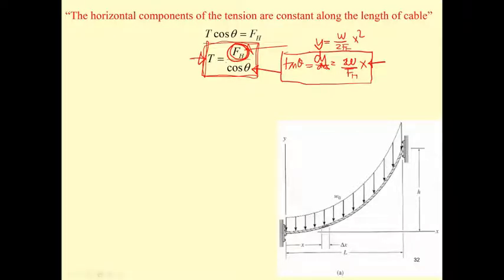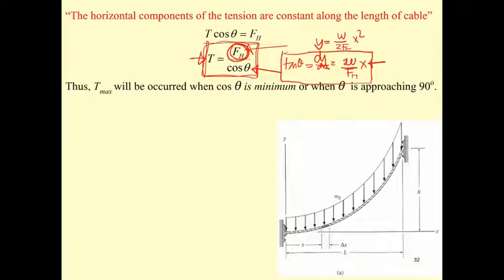Later, okay. And the T max can occur at the minimum or the maximum theta. T max occurs when the theta over here is maximum. And what we have is what? The cos theta is minimum when theta approaches 90 degrees.